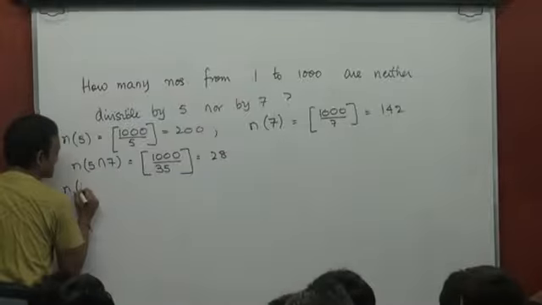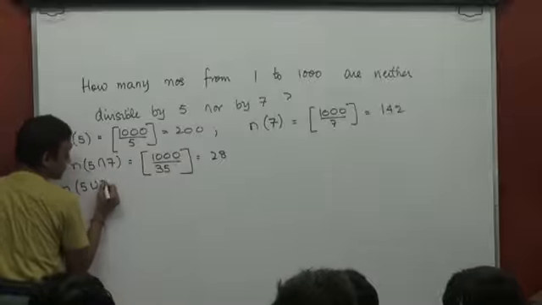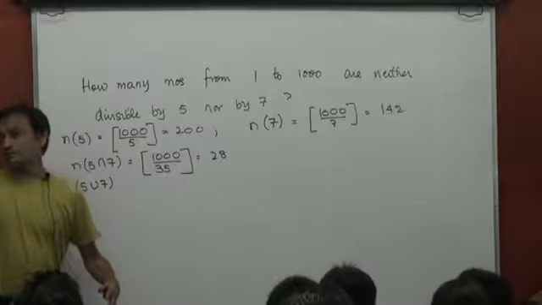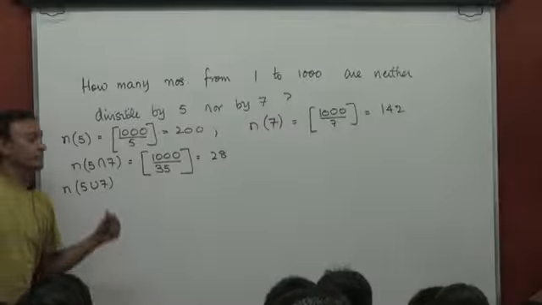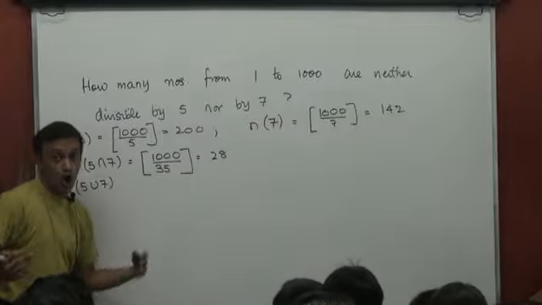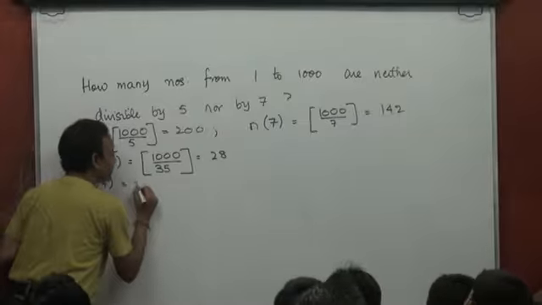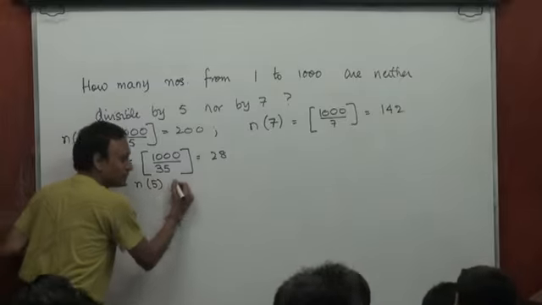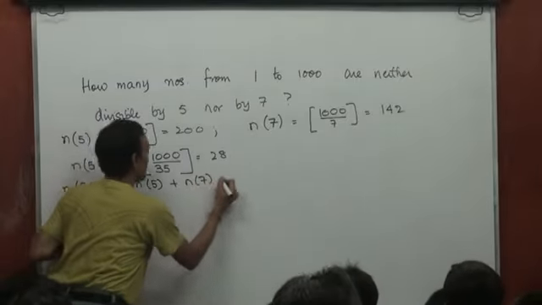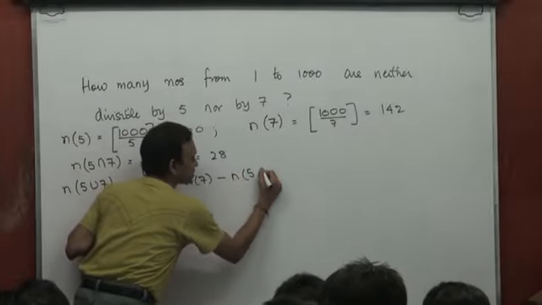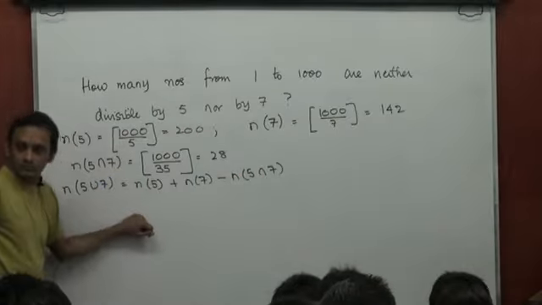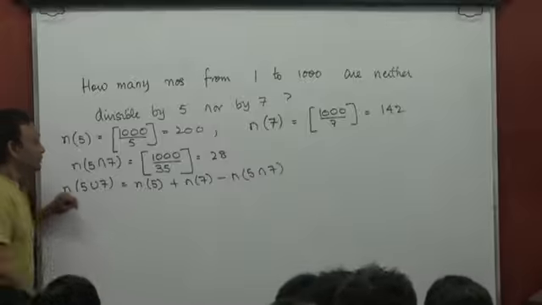So, the number of numbers divisible by 5 or 7. From the principle of inclusion exclusion, the number of numbers divisible by 5 or 7 is going to be the number divisible by 5 plus n7 minus n of 5 intersection 7. Clear?